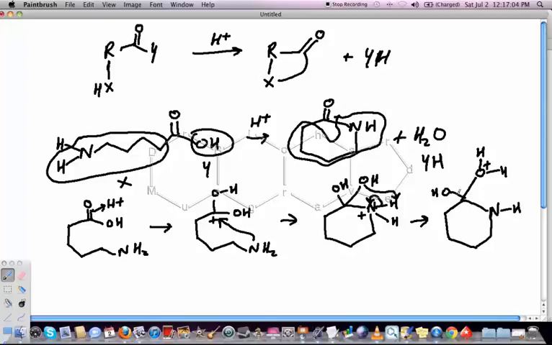I'll make this bond a little bit more clear. And what's going to happen is we're going to reform the double bond between the C and the O, and we're going to get rid of the leaving group.